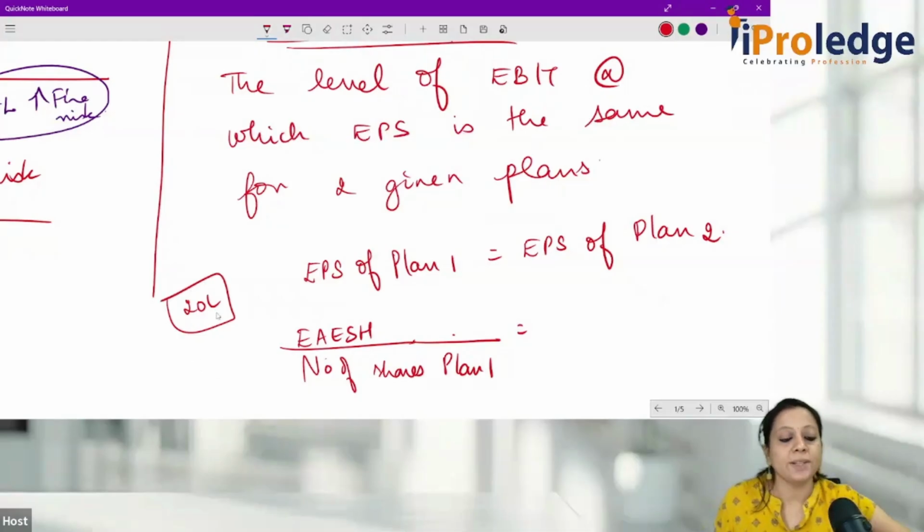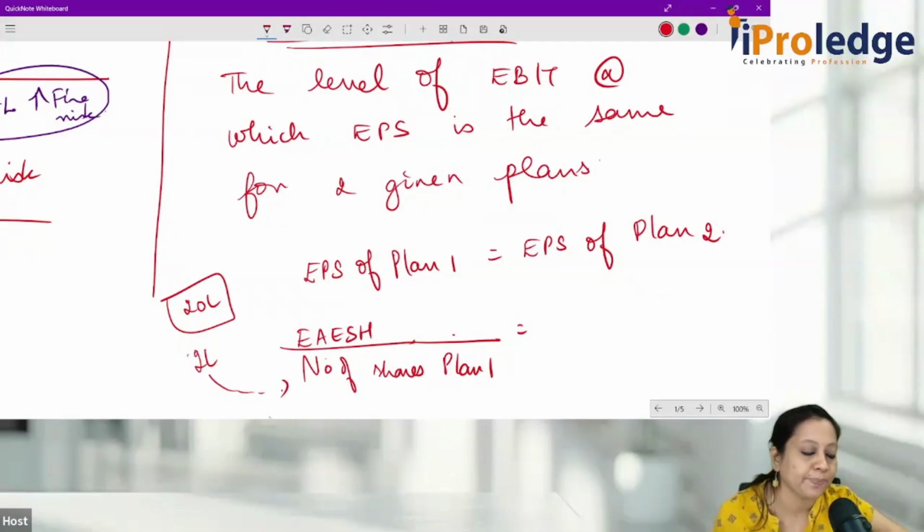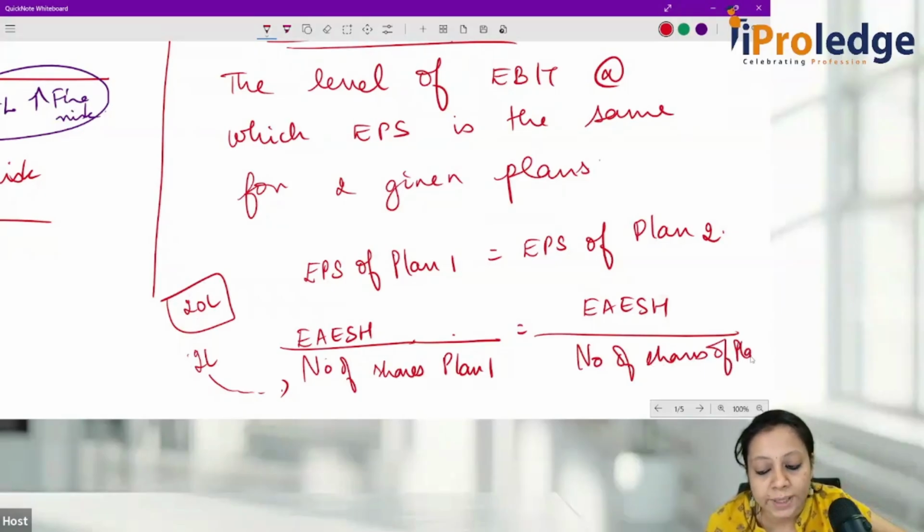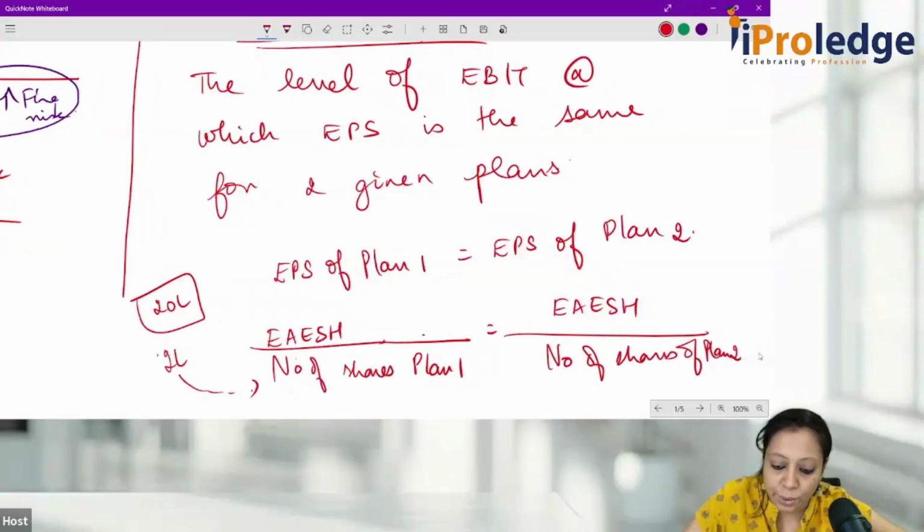The first option is I'm raising the full money through equity. Assume the face value is 10. That means 2 lakhs is the number of shares. In the other option, it is earnings available for equity shareholders divided by number of shares only. The EPS formula is not going to change, but the denominator will be the number of shares of plan 2.